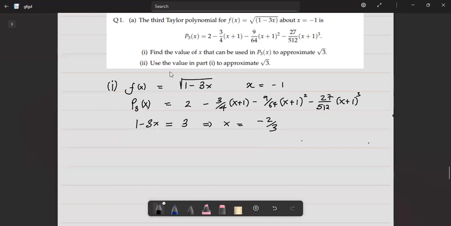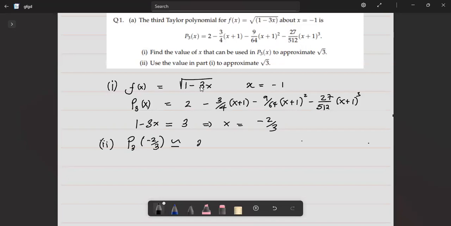And then next, we need to use the same value we found. That's part 2: the same value found, to approximate root 3. So we are given the polynomial, and we have to evaluate it at that value of x, -2 over 3, to approximate the square root of 3.